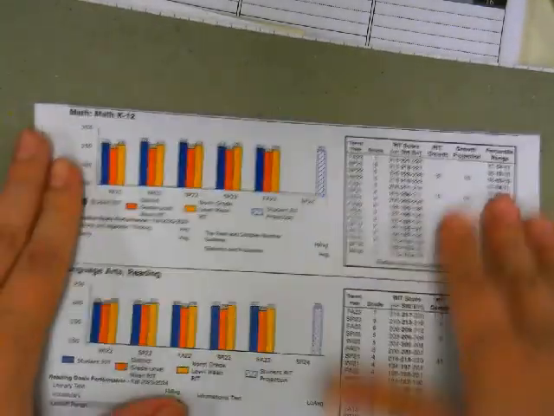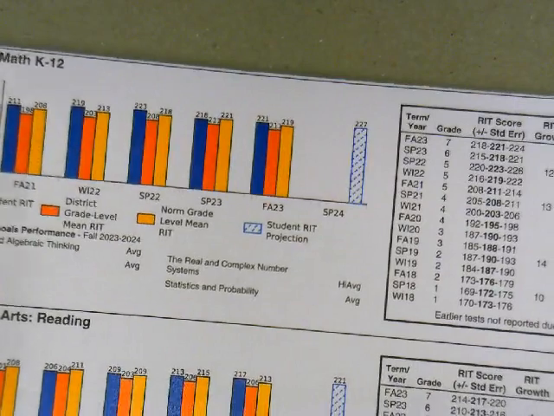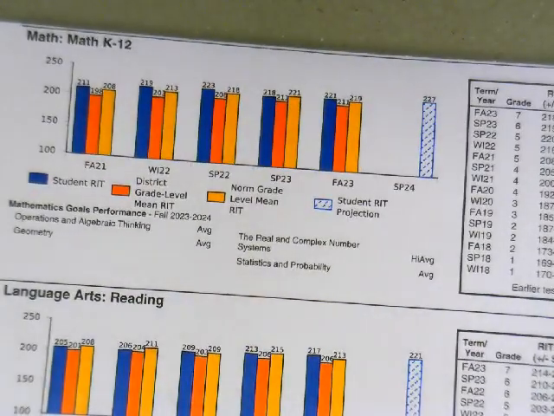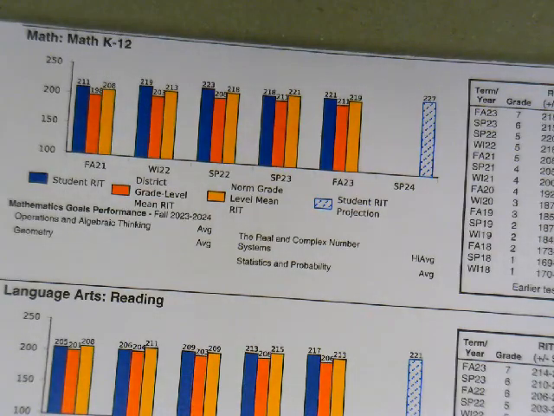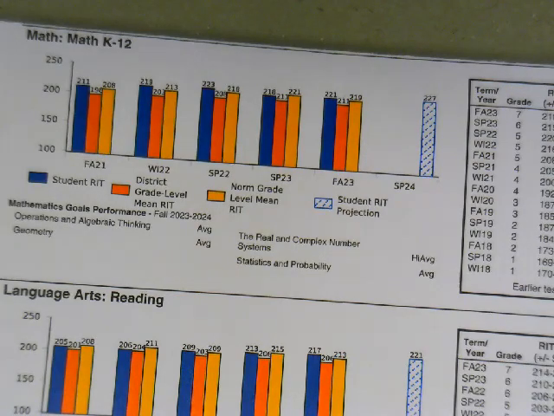All right. So, if you've been in the district for many years, you will see your different MAP results. This one, where it says fall 2023, that's the one you just took with me. The blue is you. The one in the middle, the orangey one, is the district's average as 7th graders.